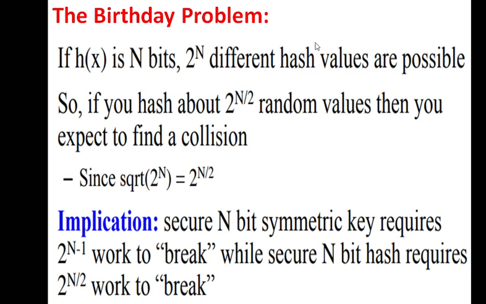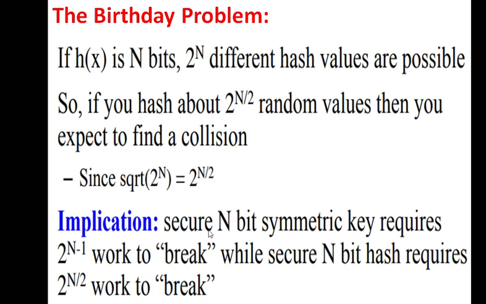Previously we did 365 to the power 23, right? In the same way, if you hash about 2 to the power n by 2 random values, then you expect to find a collision. Since the square root of 2 to the power n is equal to 2 to the power n by 2.